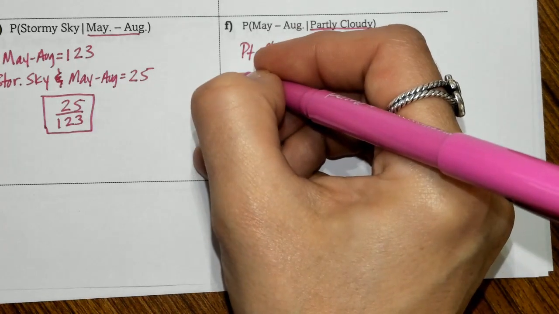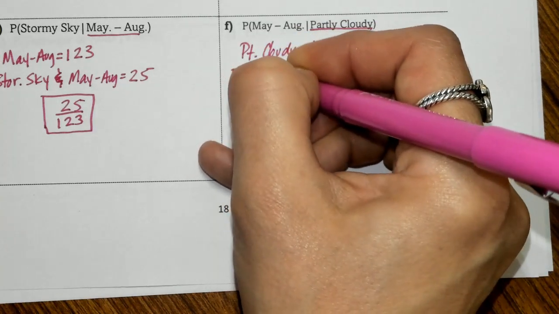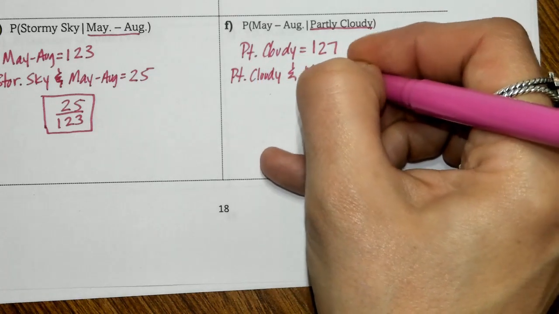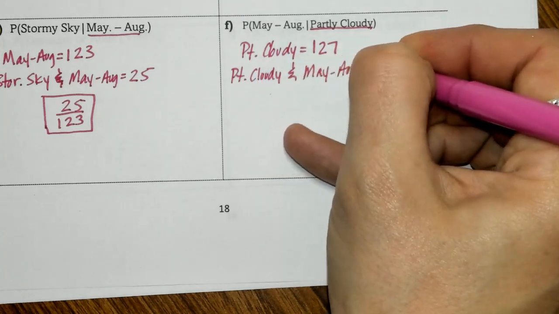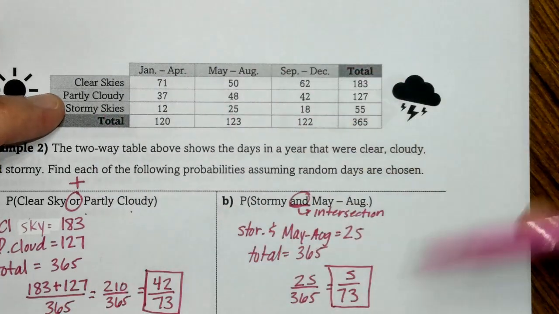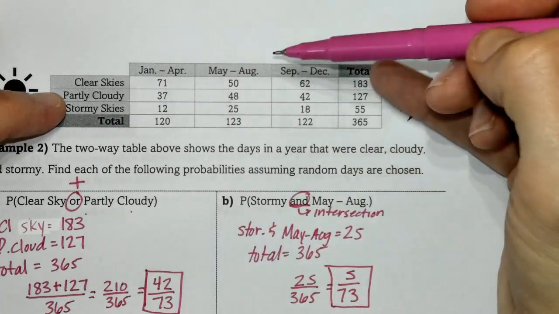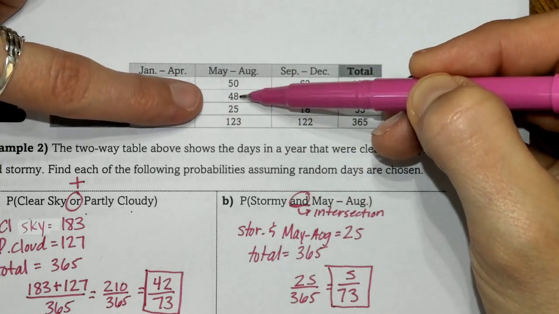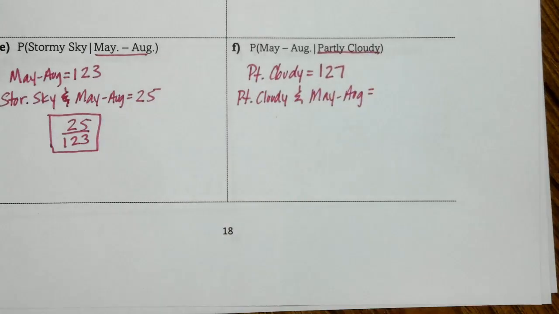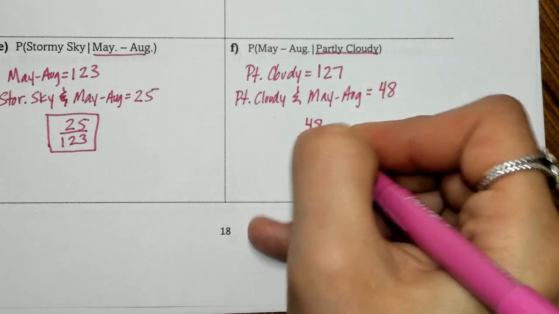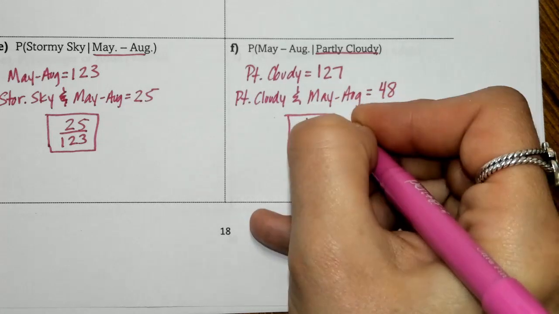Now, how many days are partly cloudy and also in May through August? Again, that intersection of these two. Partly cloudy and May through August intersect at 48. So 48 out of 127, and this will be simplified.